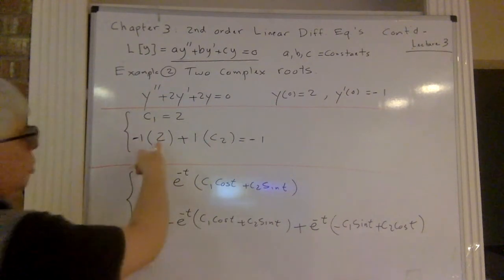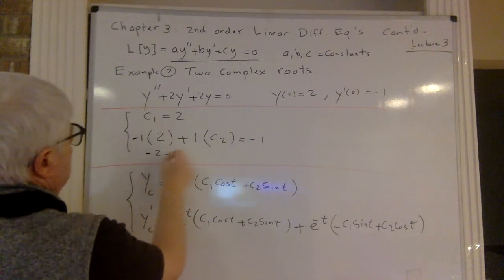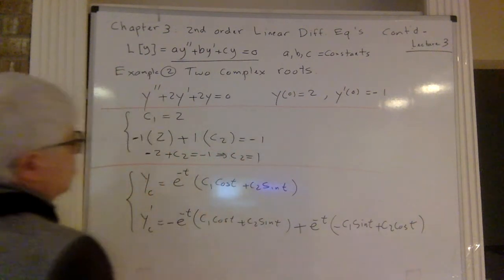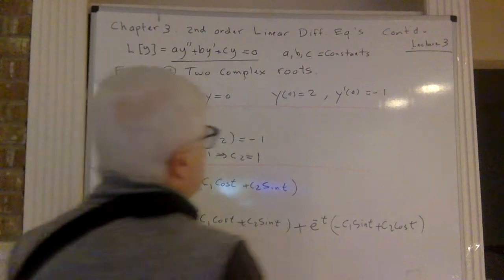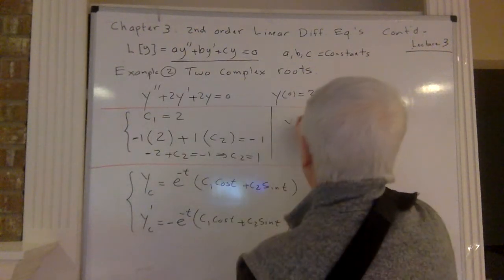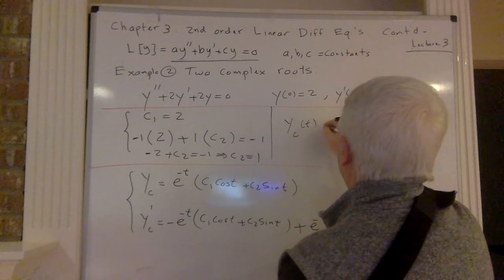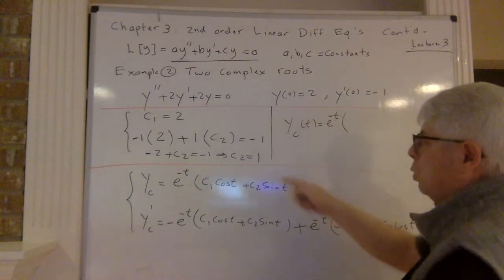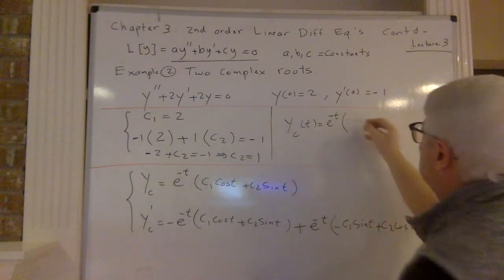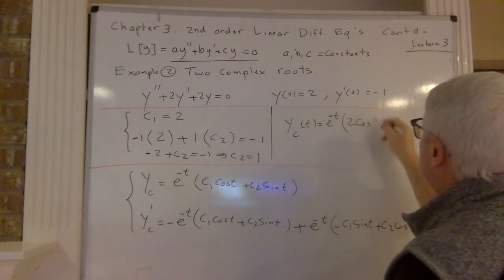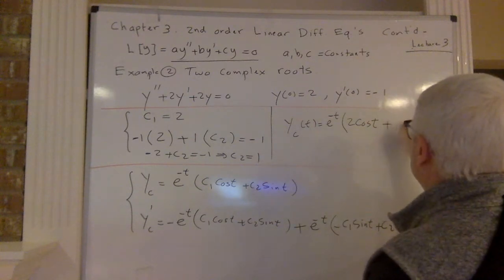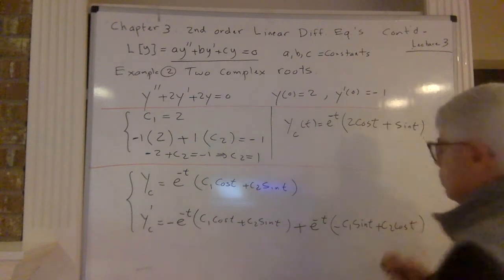Okay, so this one is in fact minus 2 plus c2 is negative 1, so c2 is also 1. Right, so the complementary solution will be e to the power minus t times c1, c1 is 2 cosine t, and c2 is 1 plus sine t.